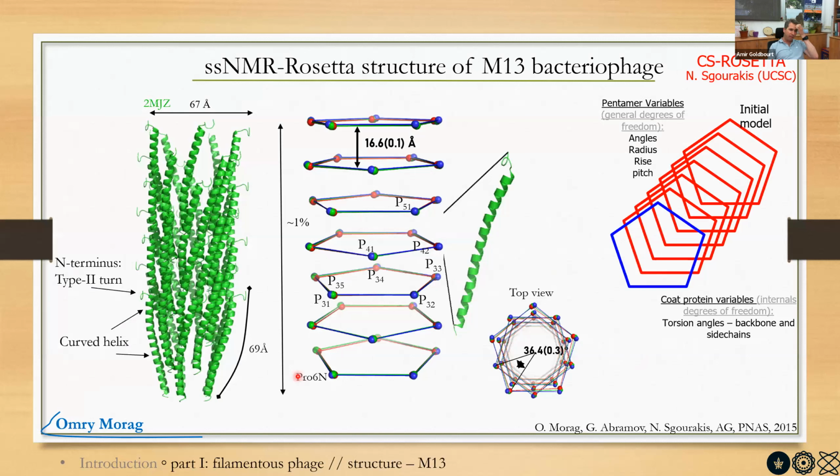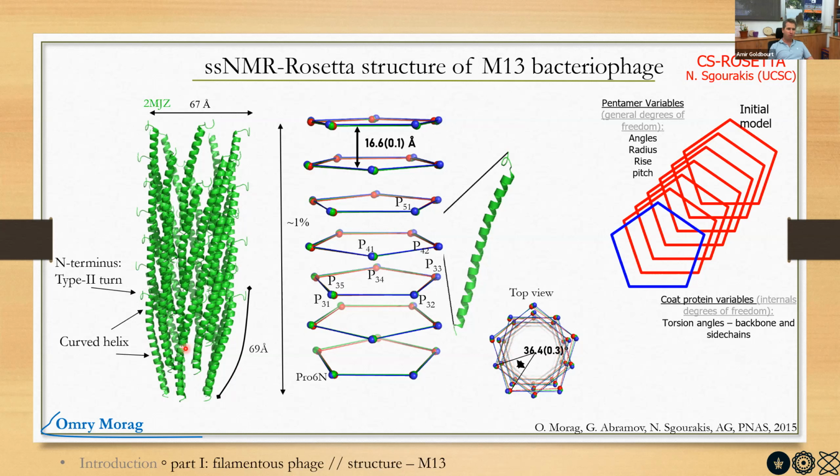What we see is really this non-helical N-terminal and the helical shape of the coat protein. This is the P8 coat protein. We get a diameter of about 6 to 7 nanometers. We have about 70 angstrom length of the coat protein, and we have this curved helix here.